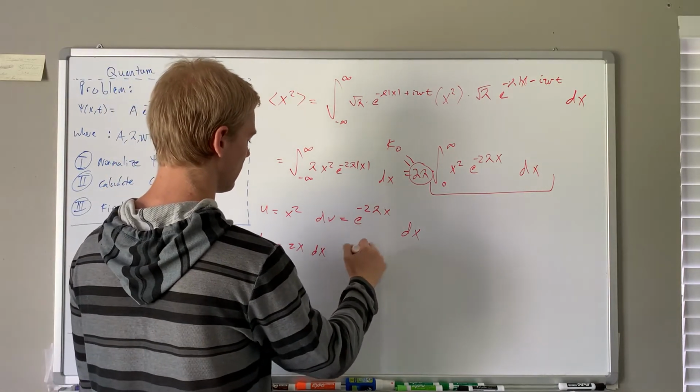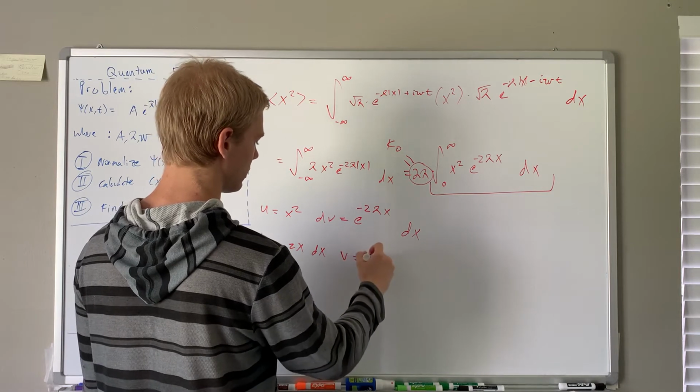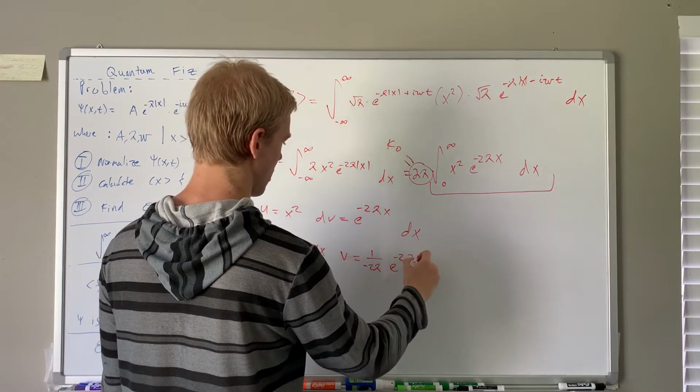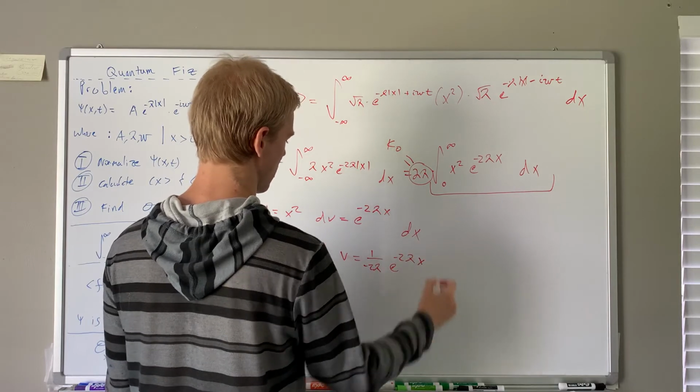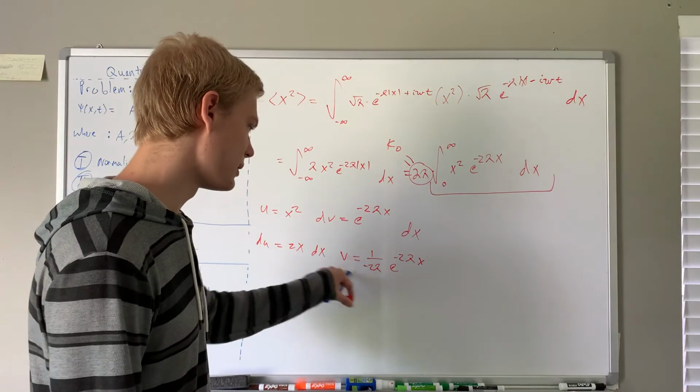And what I get, v is equal to, okay, you multiply these and minus the integral of these multiplied.